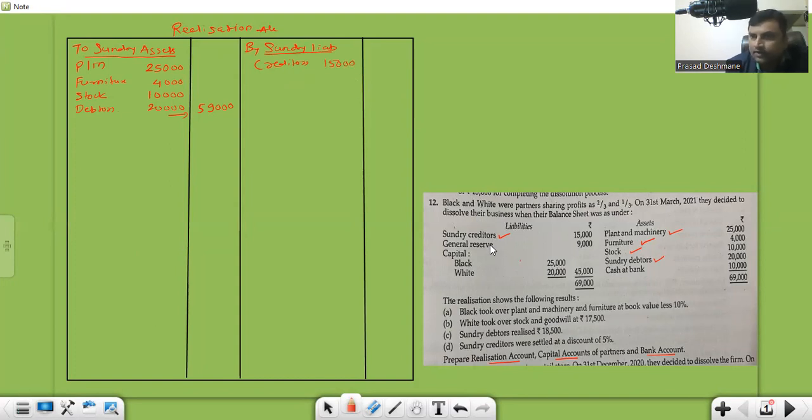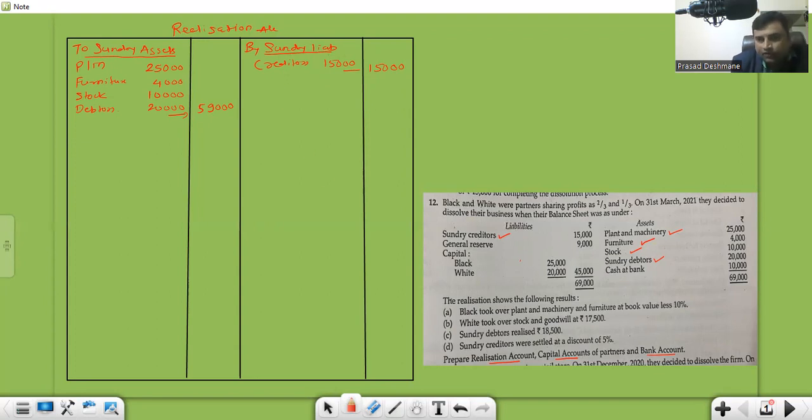No, it's a reserve, right? What are we going to do with that reserve? We are going to distribute it between partners, as in admission, retirement and death. Here also we are going to distribute the general reserve between partners, so that is not coming over here. Only one liability we have, so I can put 15,000, because we exclude the capital and the reserves from here.